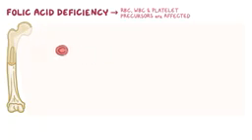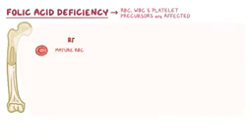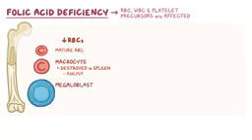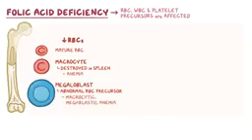Now, with folate deficiency, at first, the bone marrow pumps out larger but still mature red blood cells called macrocytes. These red blood cells are destroyed in the spleen, which causes a decrease in the total red blood cell count, or anemia. In response, the bone marrow compensates by releasing megaloblasts, which are abnormally developed red blood cell precursors, into the blood, and the final result is macrocytic megaloblastic anemia.